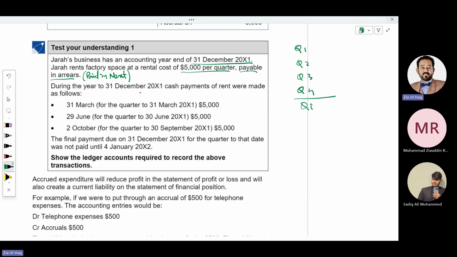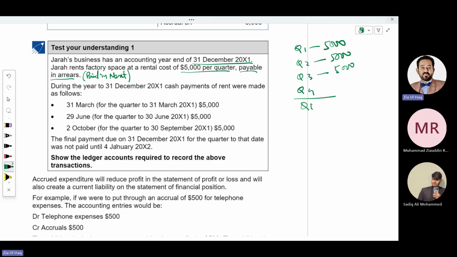So during the year to 31st December 20x1, cash payments of rent were made as follows. On 31st March for quarter to 31st March, 5,000. January, February, March. 29th June for quarter to 30th June, which is April, May, June, 5,000 paid. 2nd of October for the quarter to 30th September, July, August, September, 5,000 paid.